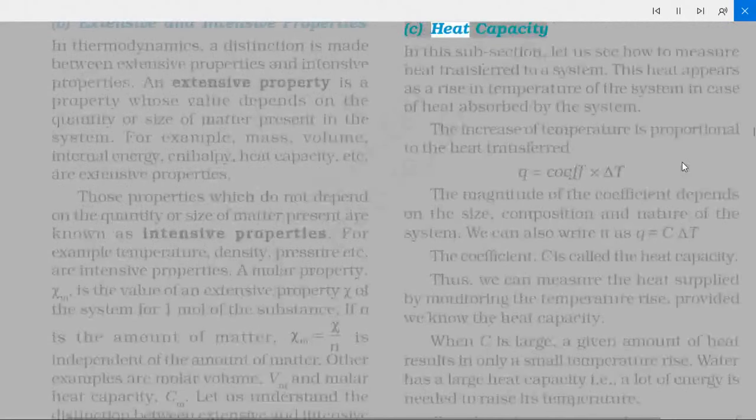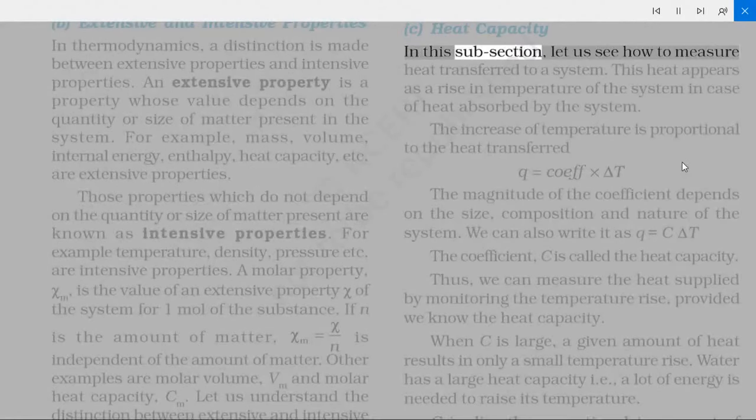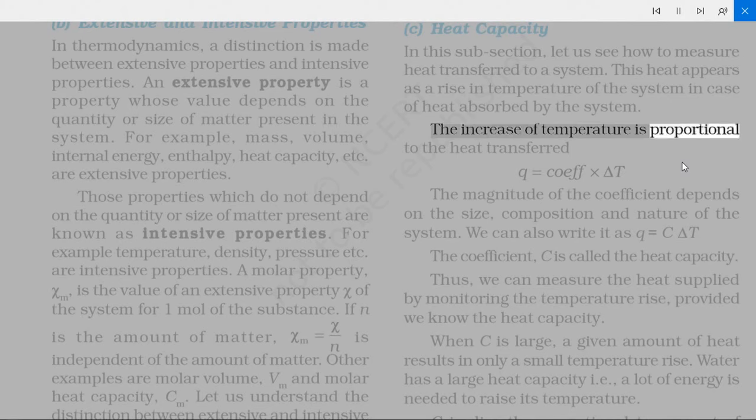Heat capacity. Let us see how to measure heat transferred to a system. This heat appears as a rise in temperature of the system in case of heat absorbed by the system. The increase of temperature is proportional to the heat transferred. q is proportional to ΔT, q is equal to coeff times ΔT. The magnitude of the coefficient depends on the size, composition and nature of the system.